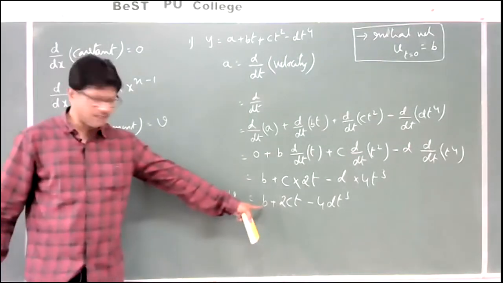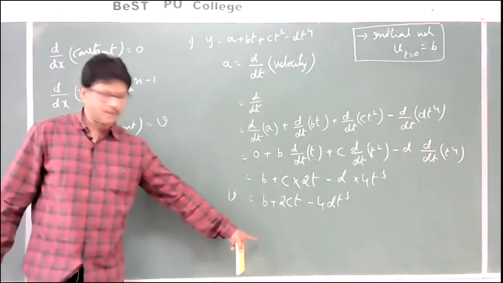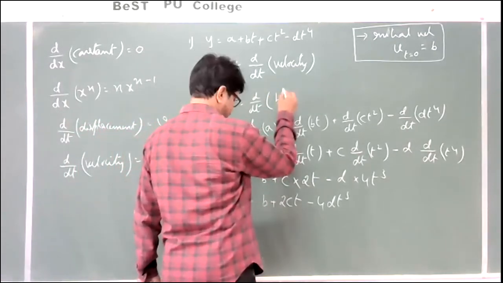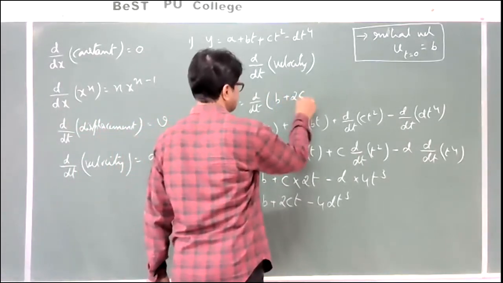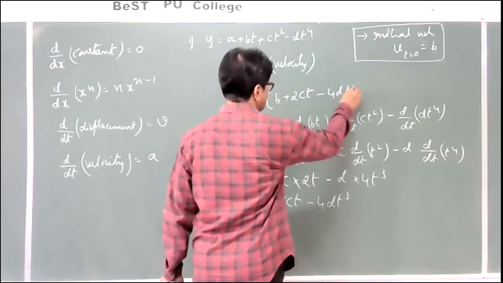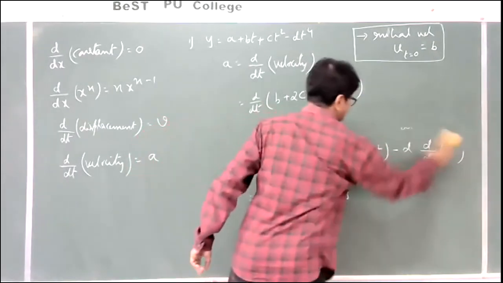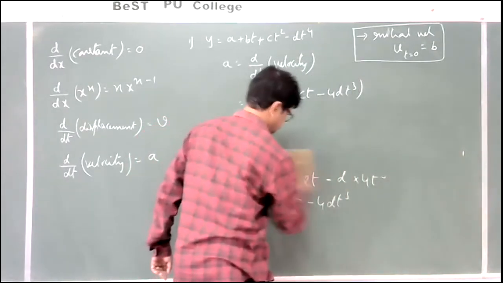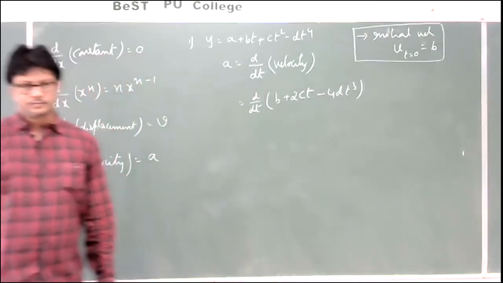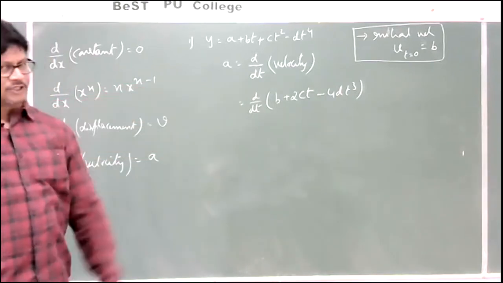Now we have the equation for velocity, so again we have to differentiate. What we got for velocity? B plus 2ct minus 4dt cube. Because already we got the expression for velocity.